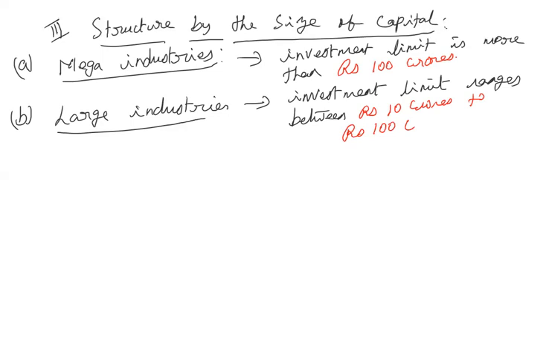More than 100 crores is mega industries. So if the investment is between 10 crores and 100 crores, then it comes under the category of large industries.